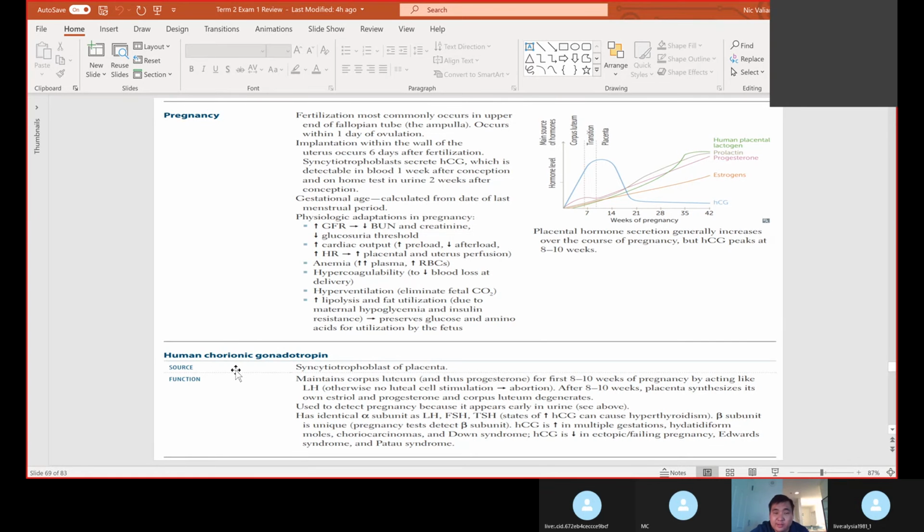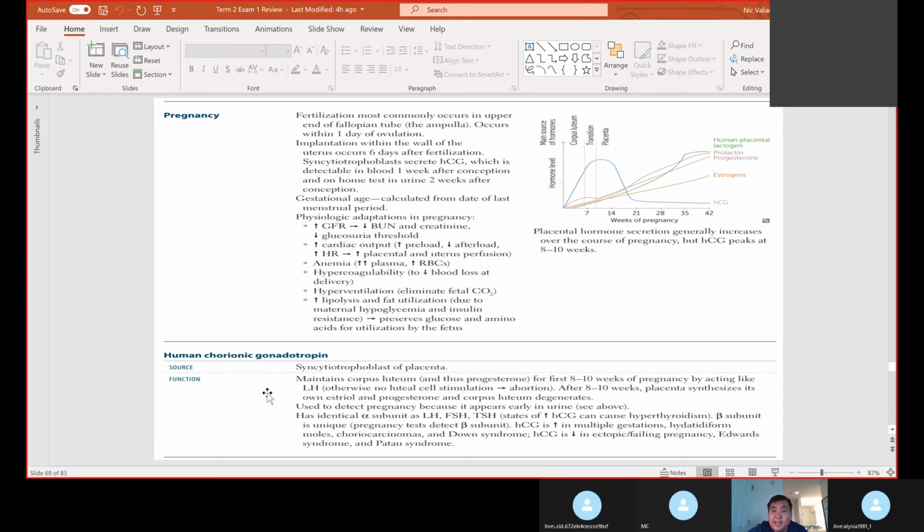So what is HCG? What's the source? High yield: syncytial trophoblast of the placenta. What's the function? It maintains your corpus luteum for the first 8 to 10 weeks of pregnancy. It is used to detect pregnancy. Why? Because it appears early in the urine. Look at the peak here. Before 7 weeks, you have an increase in HCG.